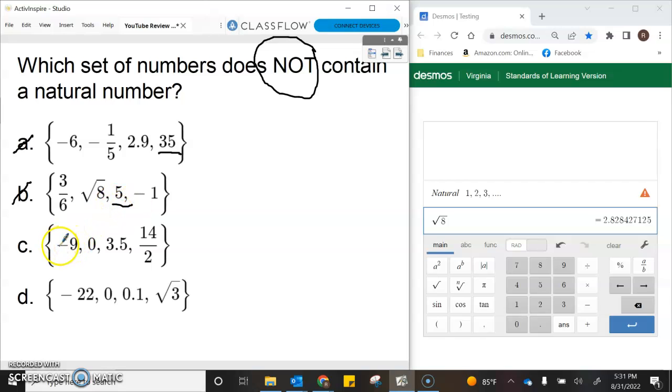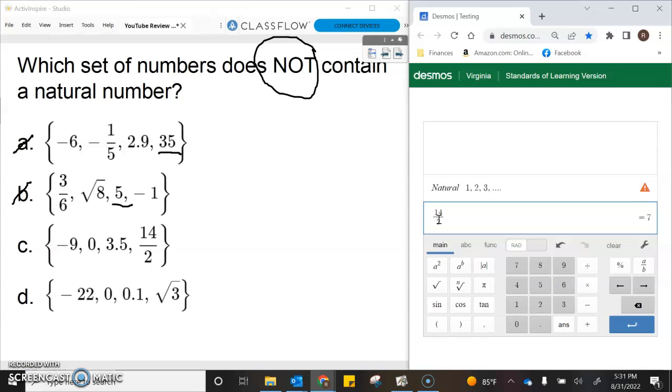Okay, let's look at the next one. -9, not natural. 0, not natural. 3.5, not natural, but how about 14 divided by 2? 7. 7 is natural. So this one is natural, which means that does not work.